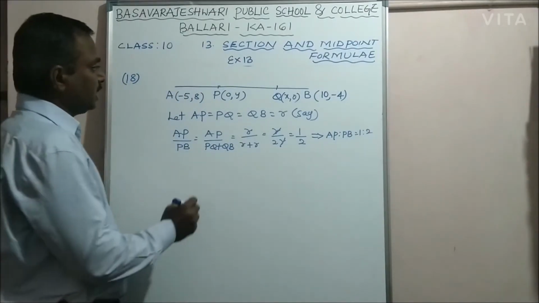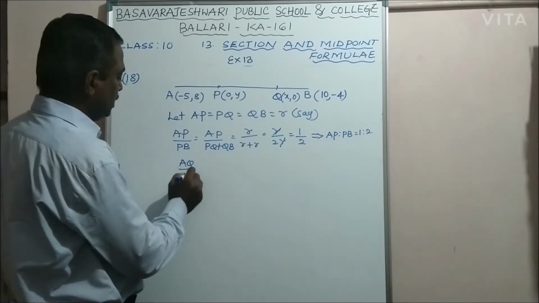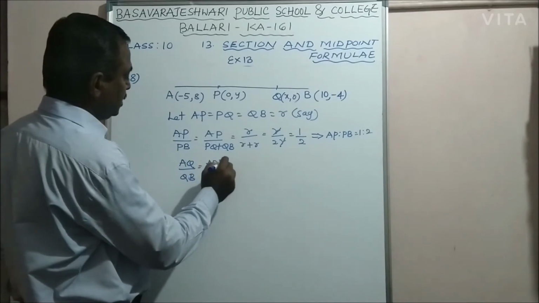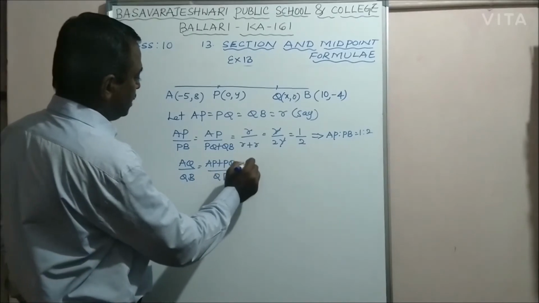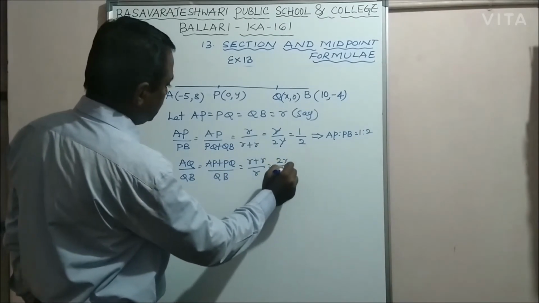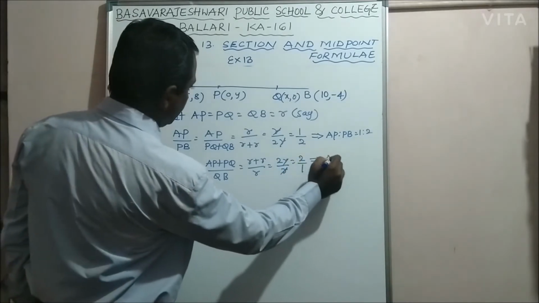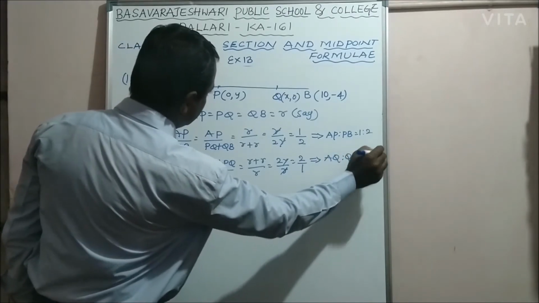Now similarly we can take AQ by QB. AQ means AP plus PQ by QB. R plus R by R. 2R by R, R cancels, 2 by 1. This implies AQ is to QB is equal to 2 is to 1.